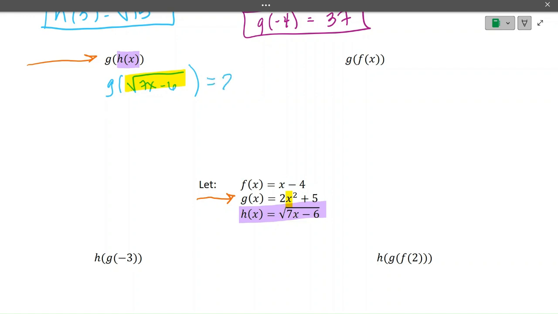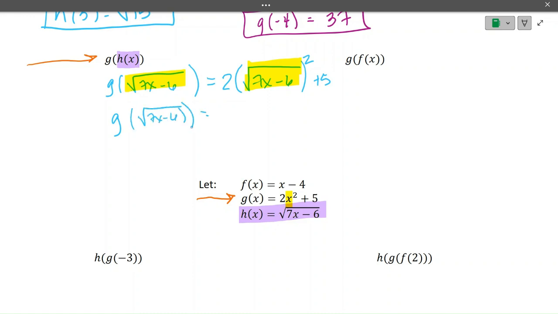I have 2 times, and I'm going to put this in parentheses because it's squared, 7x minus 6. This whole thing is squared, plus 5. And now I'm just going to simplify this. For our highlighting, you can see what I substituted here, this whole thing. I'm going to go ahead and simplify.